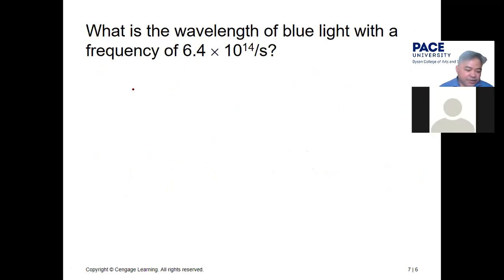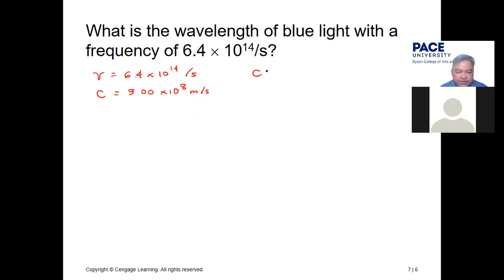Here, you're given the frequency and, indirectly, the speed of light, 3.00 times 10 to the 8 meters per second.